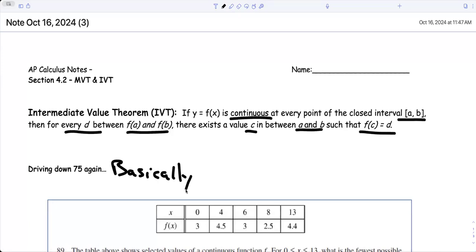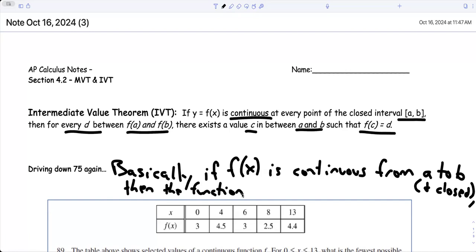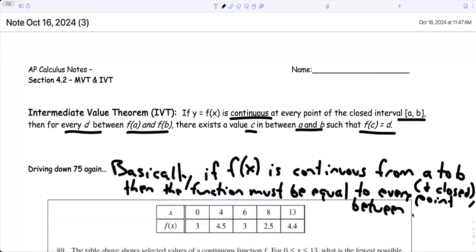if f of x is continuous from a to b and closed, then the function must be equal to every point between a and b.